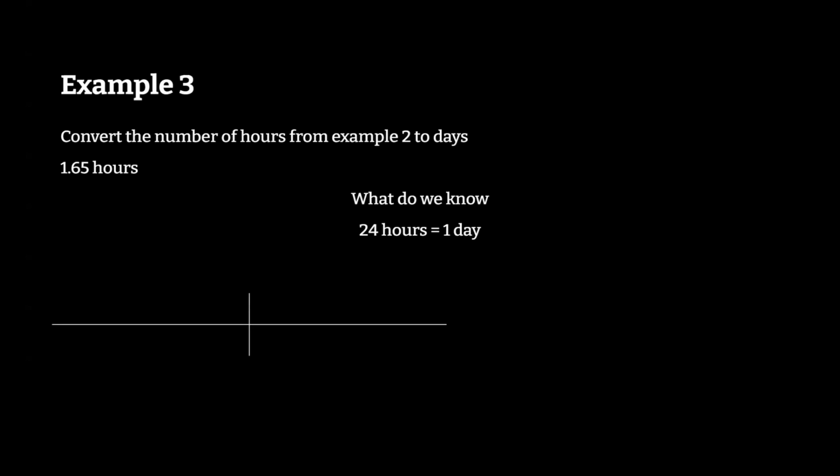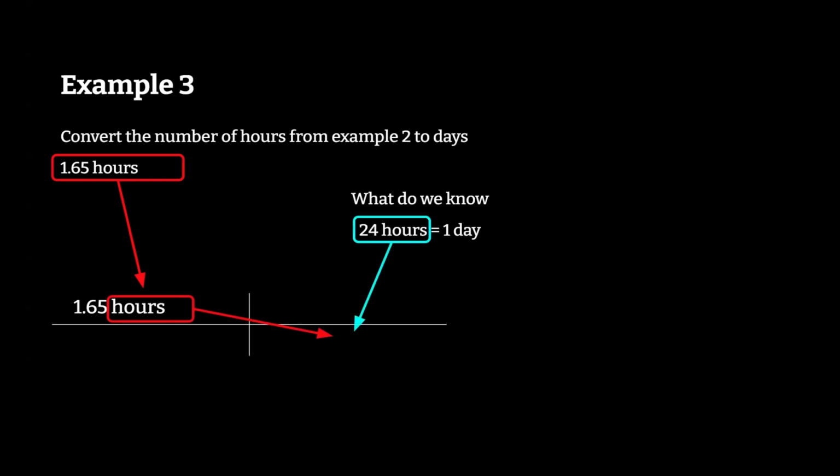In that top left area, we put our 1.65 hours. We have hours as the unit, which means that we need hours for the bottom right. The only other number we have with hours is 24 hours, which goes right there in the bottom right section.